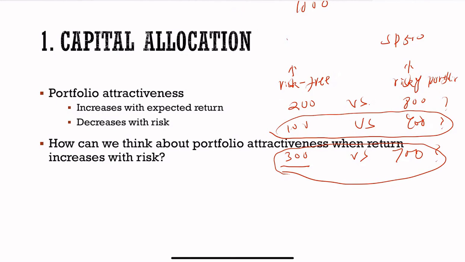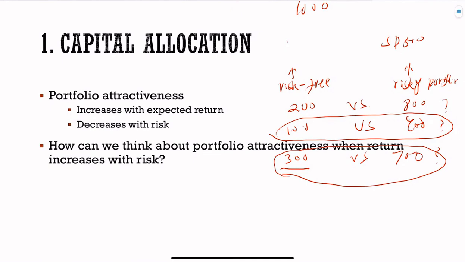Now let's think about a very simple case. Let's say you have a portfolio and I ask you, will you be happier if this portfolio gives you higher returns? Most likely you will say yes, right? And you can see that basically the portfolio's attractiveness increases with return. And then if I also ask you, how about risk?